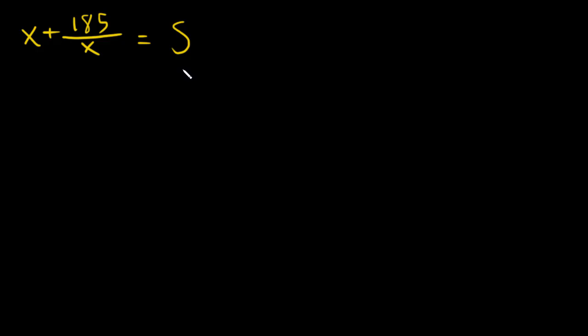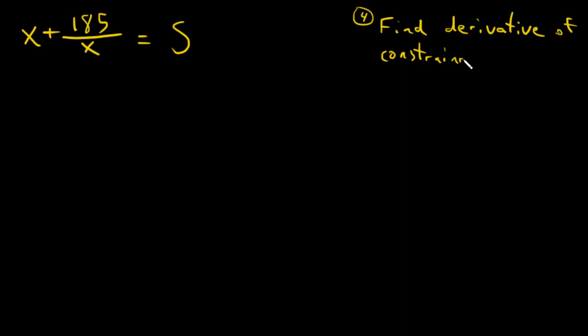I take the derivative and set it equal to 0. Okay? So if you want to have a step 4, let's find the derivative of the constrained min-max expression.